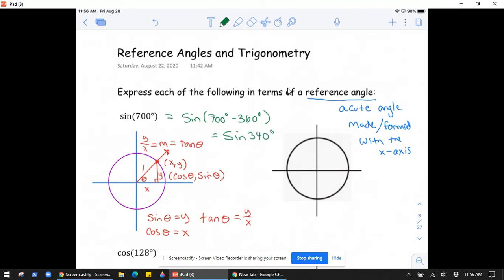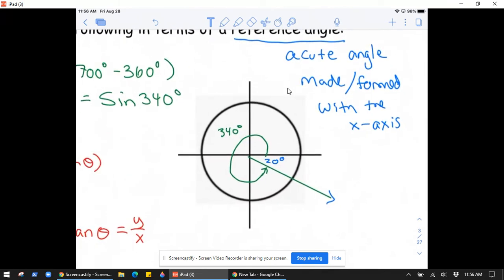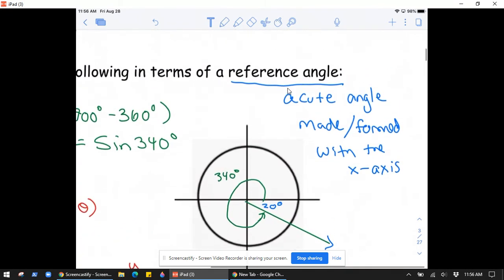So we're not done yet because this is not an acute angle, but let's just draw what we would get. If you rotated 340 degrees, that's almost a full 360, but you were shy 20 degrees. So the reference angle there is 20 degrees. I'm going to zoom in on this a little bit. Again, we want to think of sine as the y-coordinate of a point on the unit circle.